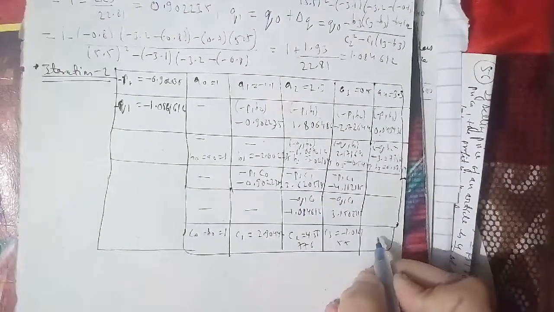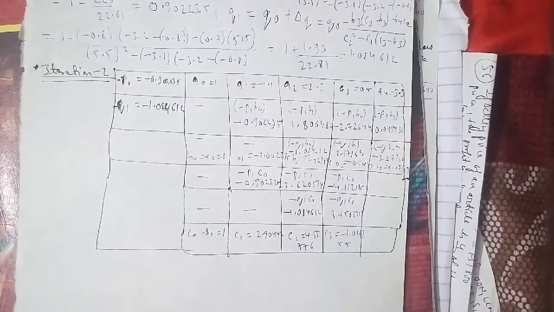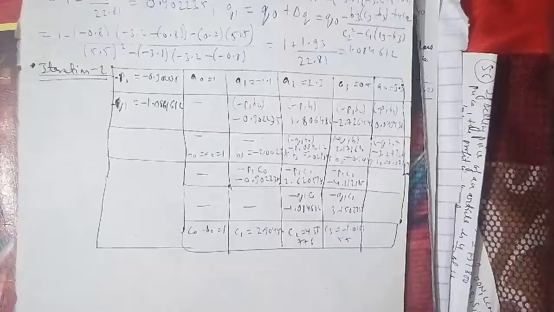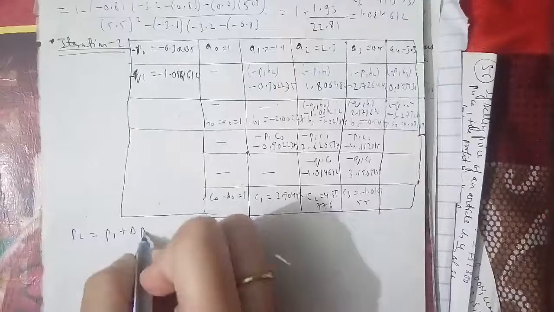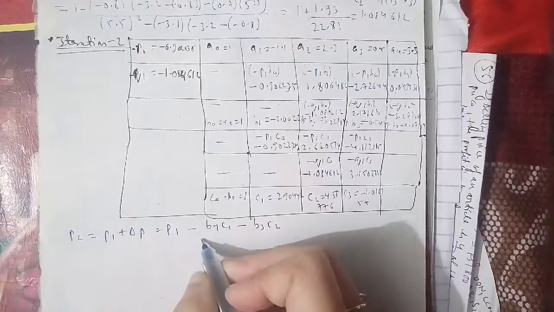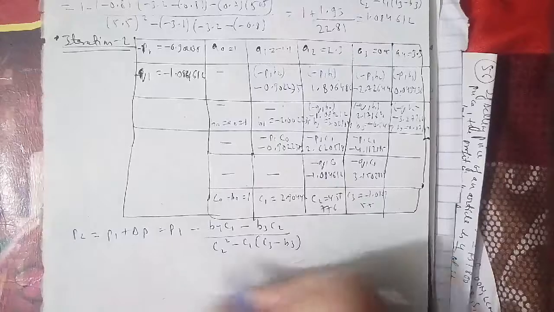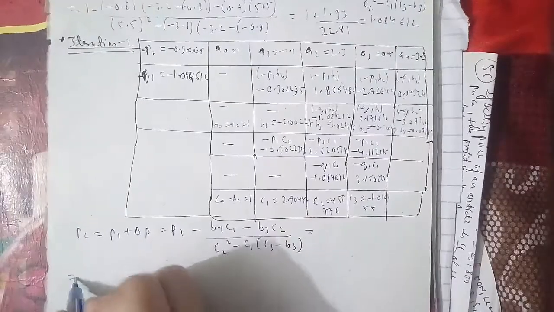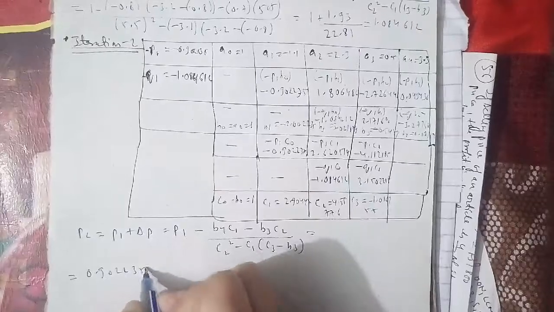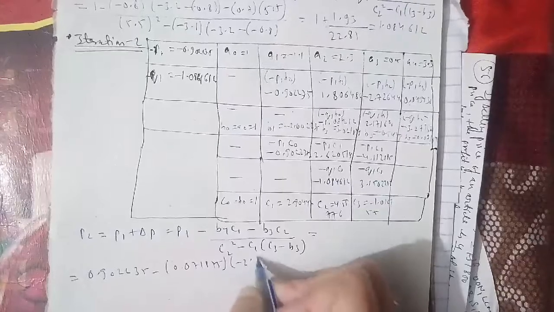Putting the values here: 0.902235 minus 0.071875 multiplied by 2.90447 minus 0.54793 times 4.557776 whole upon 4.557776 square minus 2.90447 times minus 1.016755 minus 0.054793.